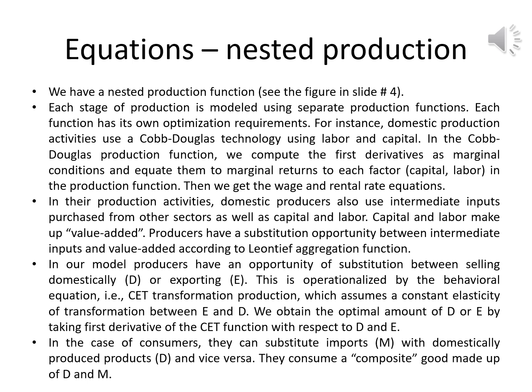So basically what we do is we model every stage of production using different production functions. We are doing that because the relationships between resources and how they are used in the production process are different at each stage.